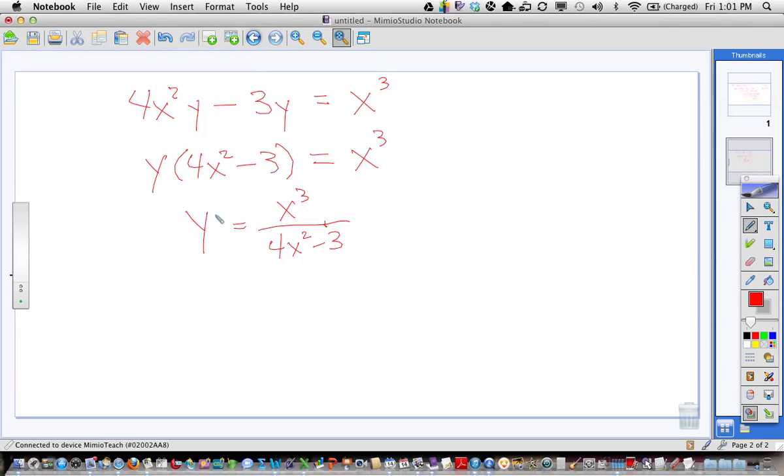But now I can do y prime by doing what? The quotient rule, right? Now this is just a basic quotient rule problem. So lead me through that. So what do I do?